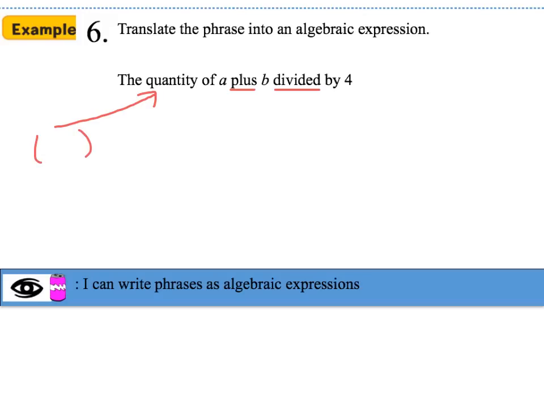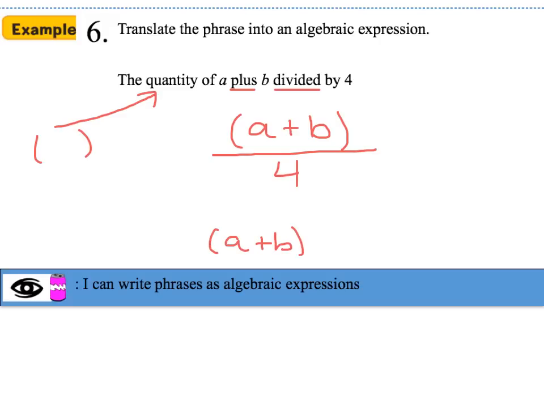So I'm going to say the quantity of a plus b. Then the second part says divided by 4. Or you can write it like this. The quantity of a plus b divided by 4. Both ways are the correct algebraic expression.